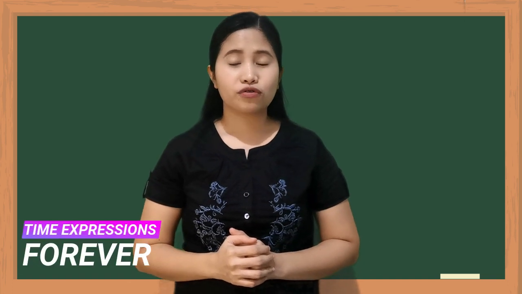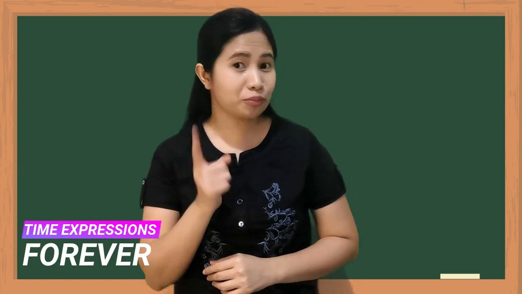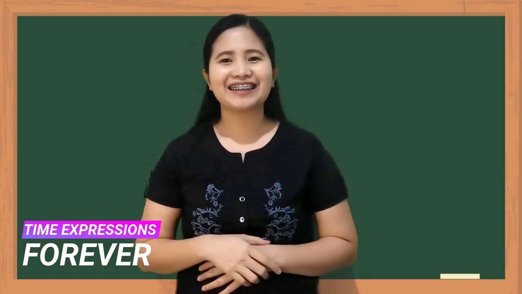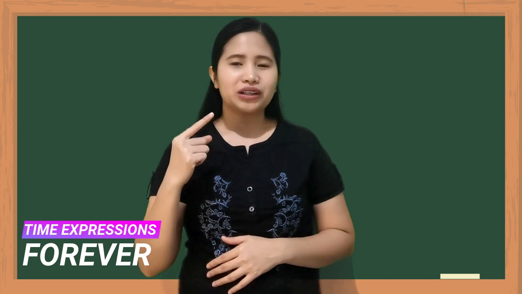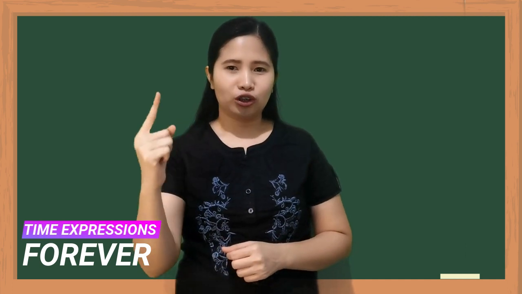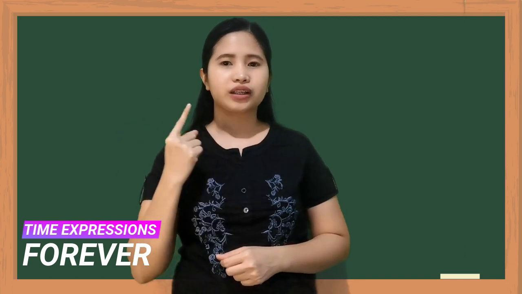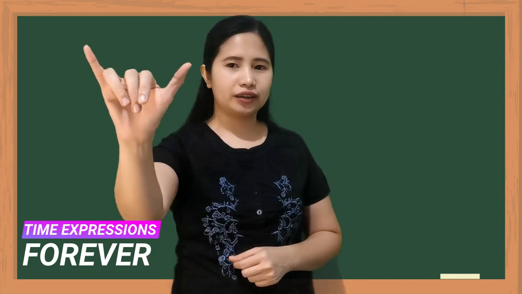Okay, next word is forever. So, kayo ba? I mean forever? Ayan, syempre ako, I mean forever. This is how we sign forever. So, index finger, let's form circle, then Y hand, forever.